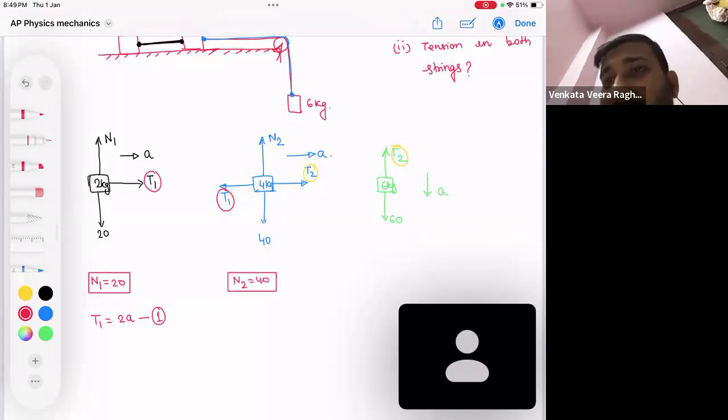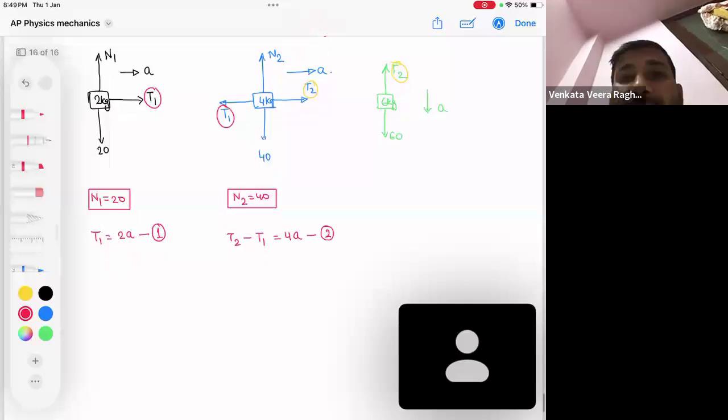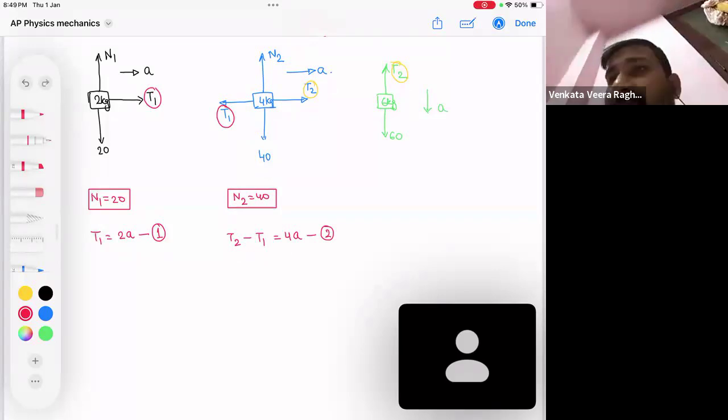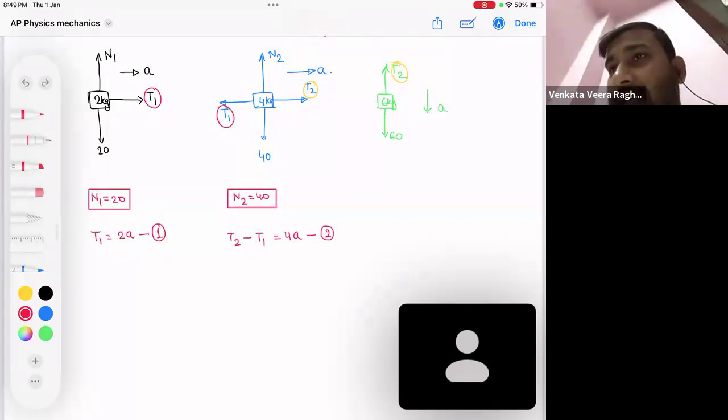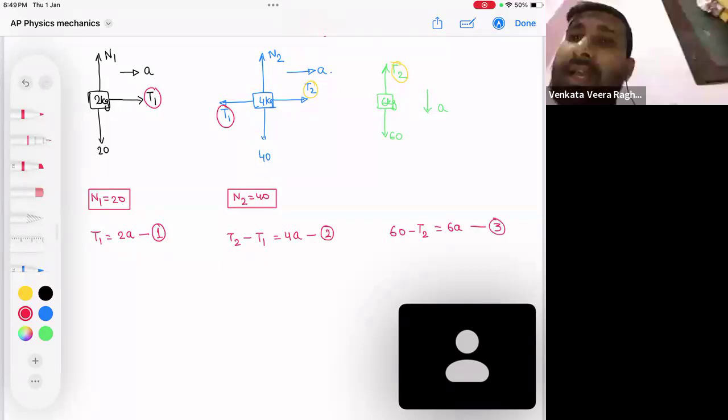Next, T2 minus T1 equal to mass into acceleration. That's the second equation, a useful one. For the 6 kg block, I will write 60 minus T2 equal to 6 into A. That is our third equation.